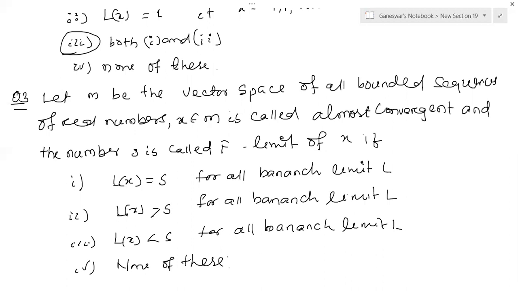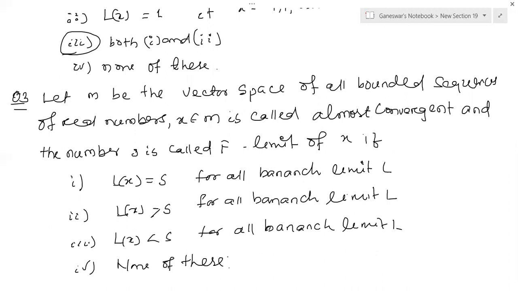That is the Banach limit. To check which one is true for this condition: Lx is equal to S, Lx greater than S, or Lx less than S? Which one is true?